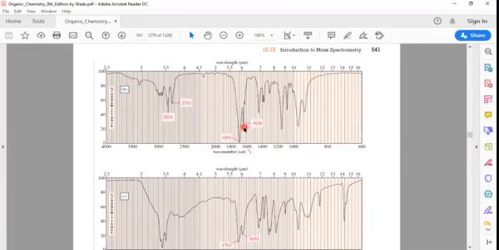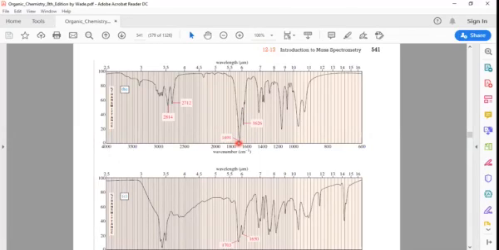So we can conclude that this is an aldehyde with a carbonyl group, and a carbon-carbon double bond based on this. We can say that this is an aldehyde group in conjugation with the carbon-carbon double bond, because only an aldehyde group in conjugation with a carbon-carbon double bond can give us a lower value of this.